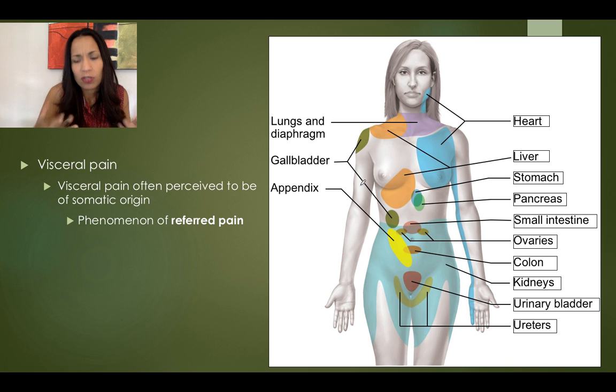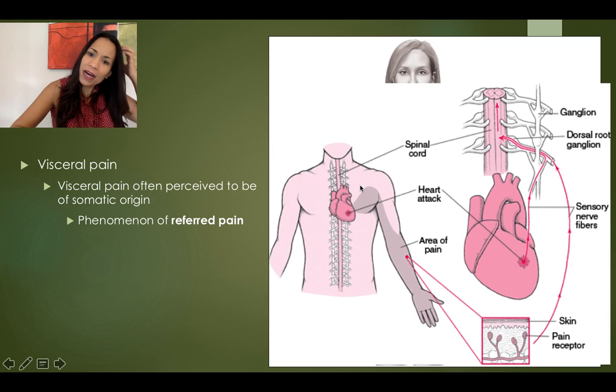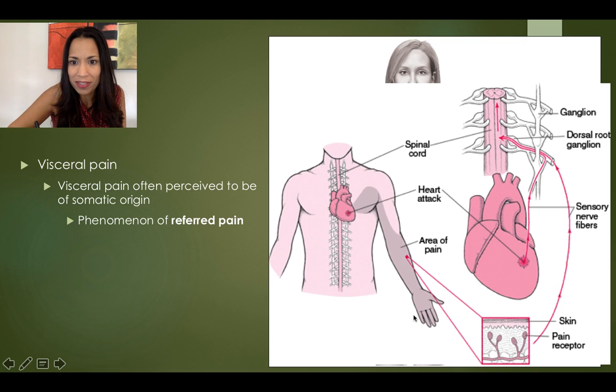We don't understand very well what is going on in here, but what is known so far is that the sensory information coming from the heart and from the skin in those areas, the upper limb, the left chest, the neck, the skin of the mandible, your teeth sometimes, gets to the same spinal cord segments, both the visceral and the somatic.